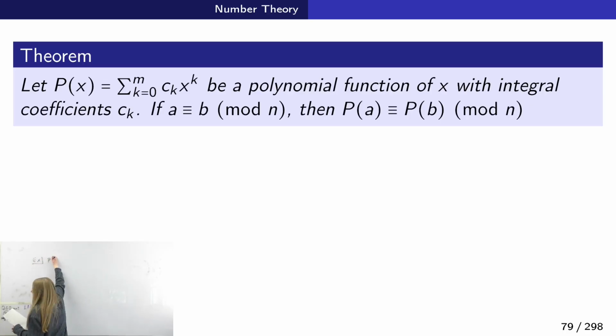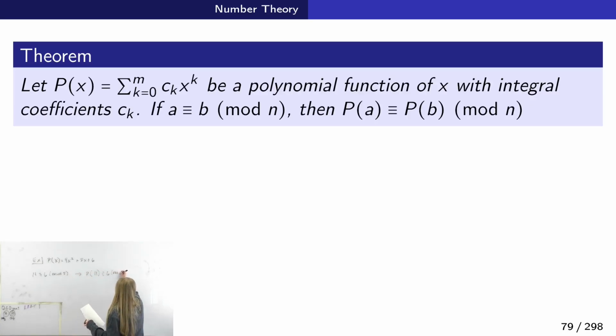So if I have some sort of polynomial p of x equal to 4x squared plus 5x plus 6, it is totally math legal to say that if 11 is congruent to 6 mod 5, we can say that p of 11 is congruent to p of 6 mod 5.